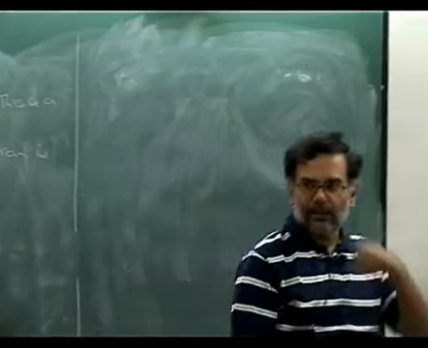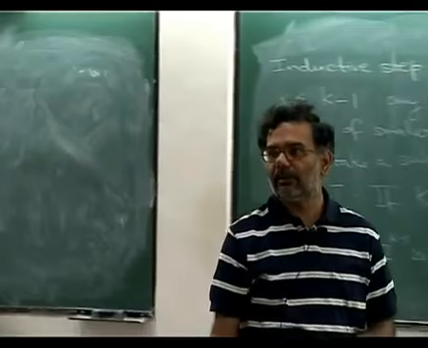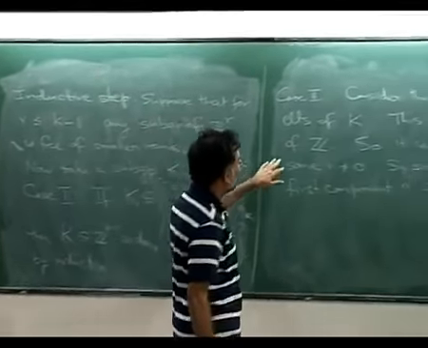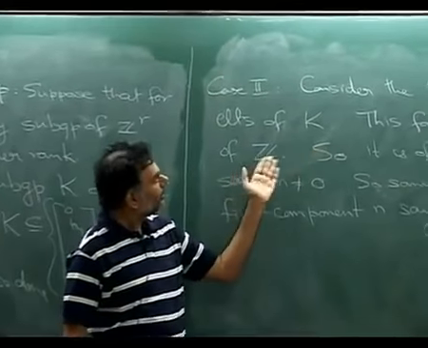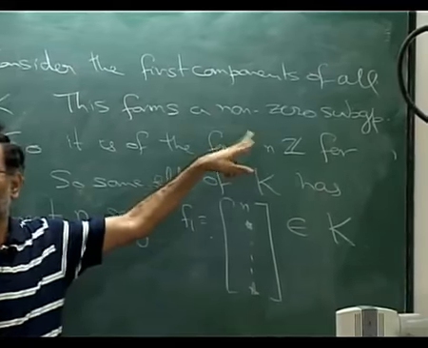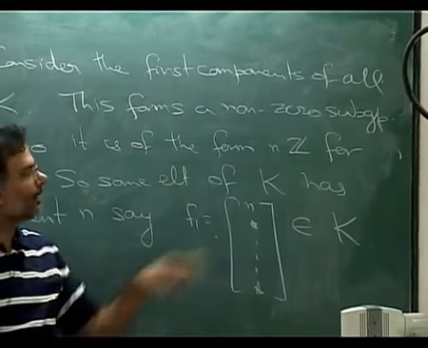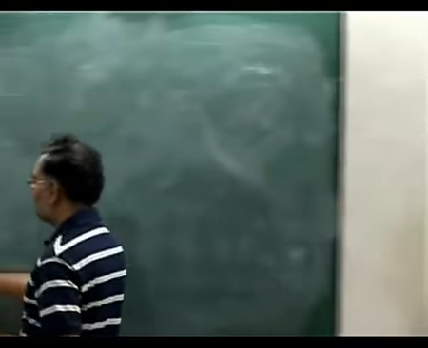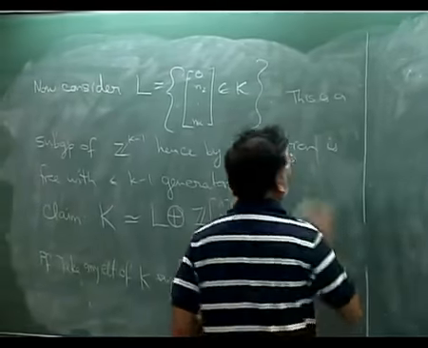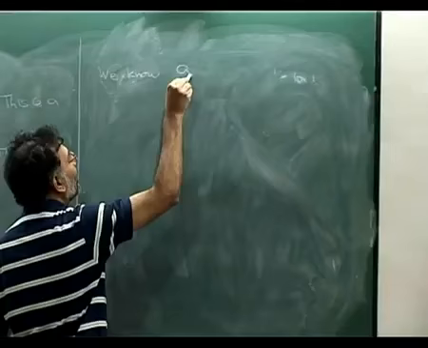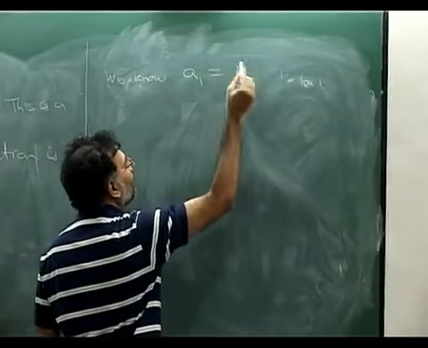What do we know about a1? a1 is the first component of some element of K, but we know that the set of first components of elements in K forms the subgroup nZ. So every first component of everything in K is always a multiple of n. So all we can conclude from this is that a1 is a multiple of n. So we know a1 equals n times something p.